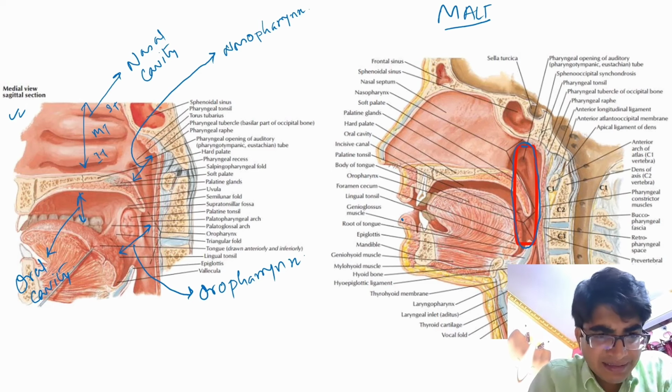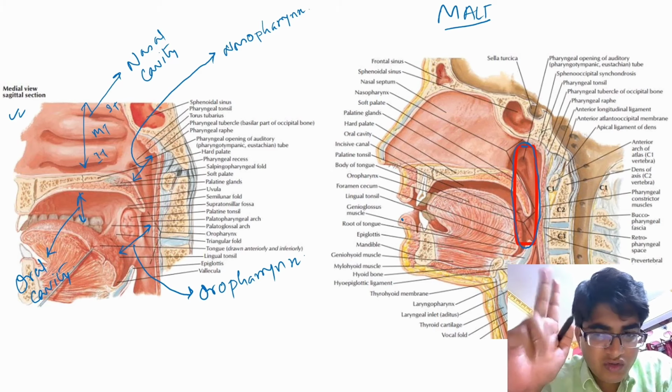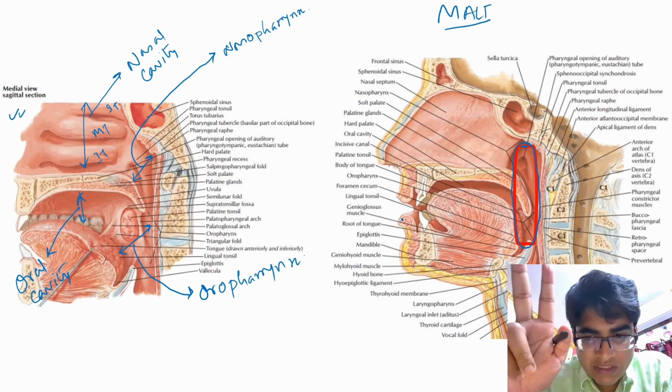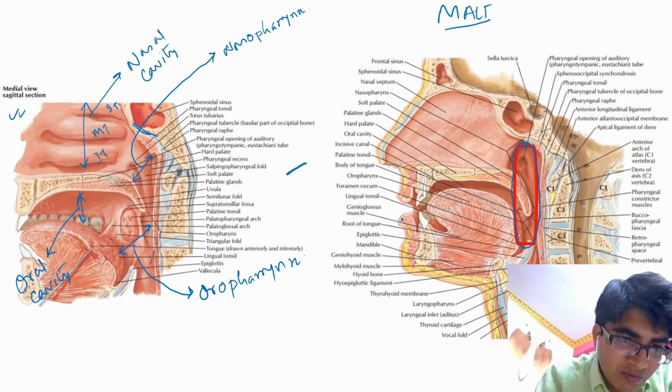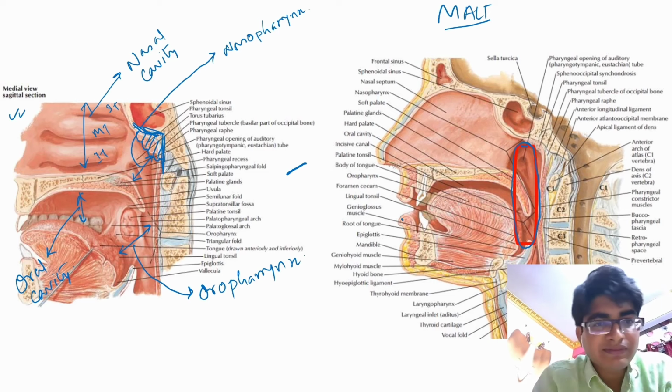In the nasopharynx there are two mucosa associated lymphoid tissues. One is at the junction of the roof and the posterior wall of the nasopharynx, and that structure is known as the nasopharyngeal tonsil or adenoids.